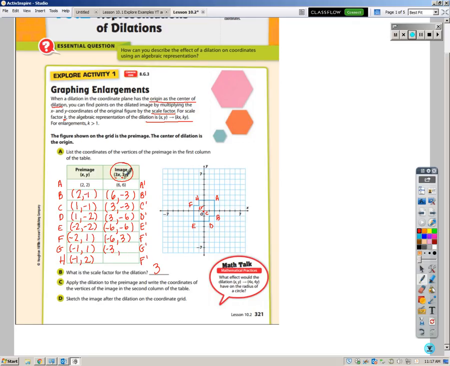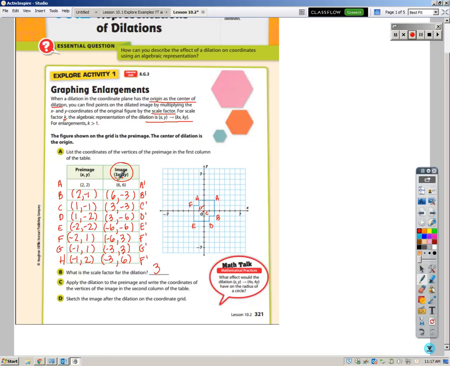And 1 times 3 is 3. And then negative 1 times 3 is negative 3. And 2 times 3 is 6. So now I've got all my coordinates for my image. And I got those from taking my preimage coordinates, multiplying by my scale factor of k, which is 3, and multiplying that by my original coordinates.